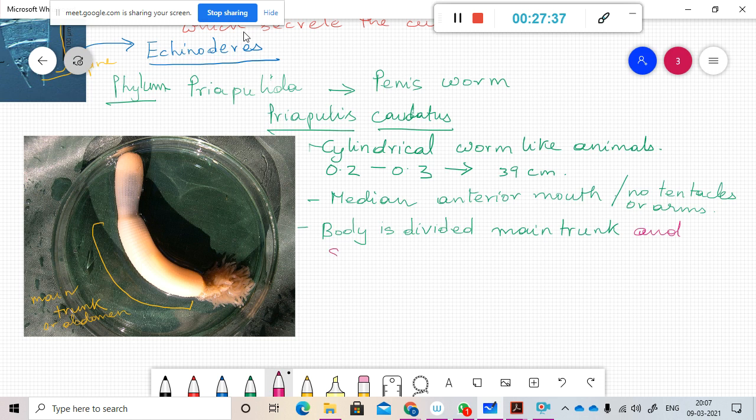And a somewhat swollen proboscis. This is a somewhat swollen proboscis.